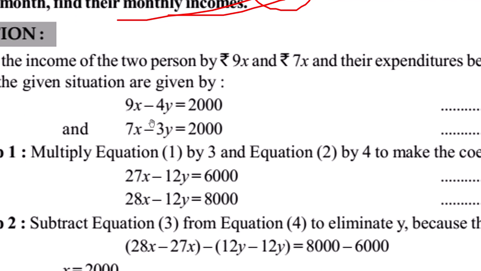Not only the y term, all terms we have to multiply. So 3 into 9x is 27x, 3 into 4y is 12y, 3 into 2000 is 6000. Second equation with 4: 4 into 7 is 28x, 4 into 3y is 12y, 4 into 2000 is 8000.